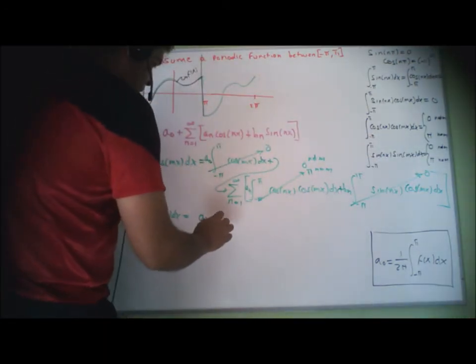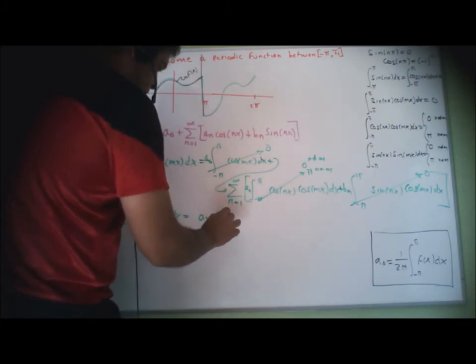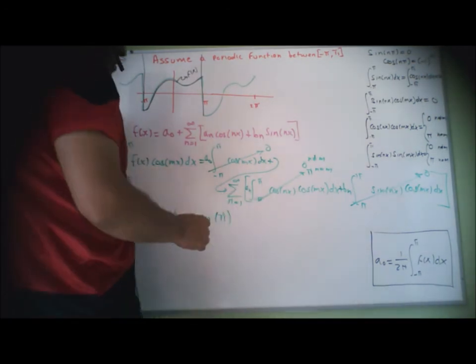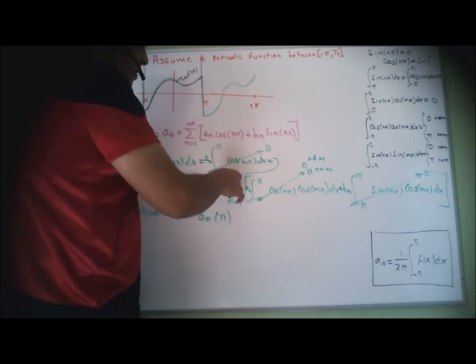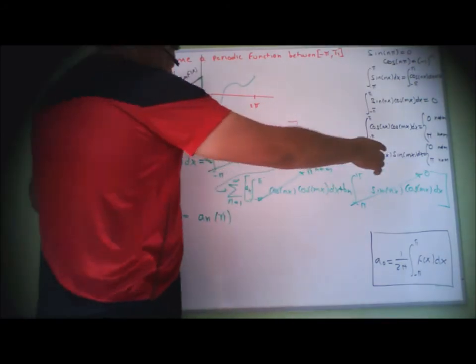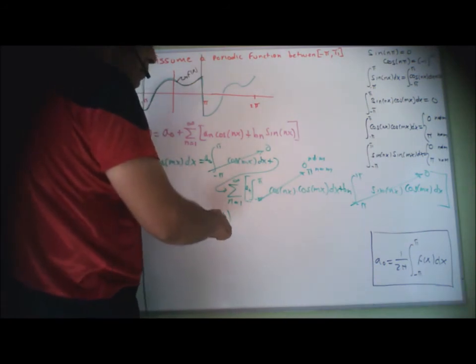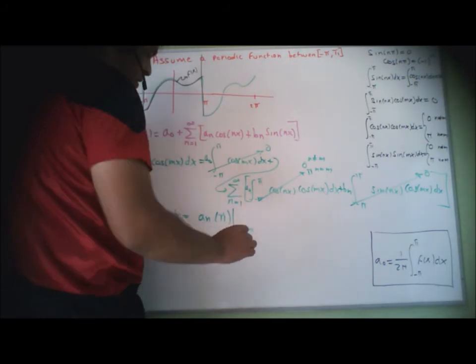So it's going to be just pi. Now you may wonder what happens to the others, because we have a summation from n equals 1 to infinite. Well, the rest are 0 except when n is equal to m. So it's going to be equal to pi when n is equal to m here.